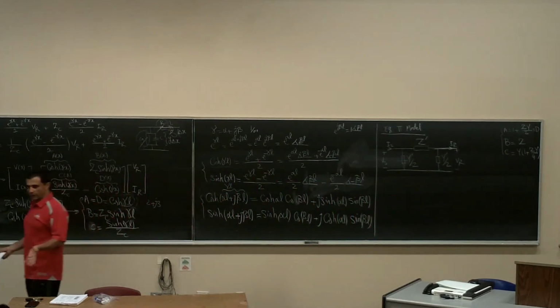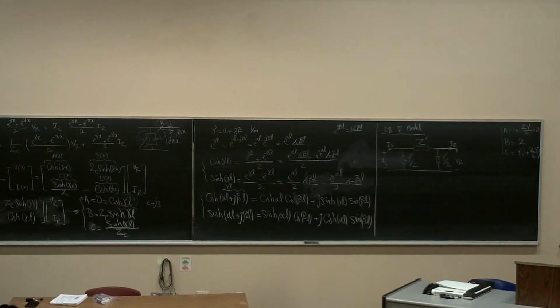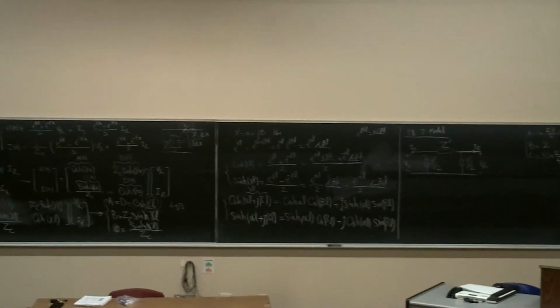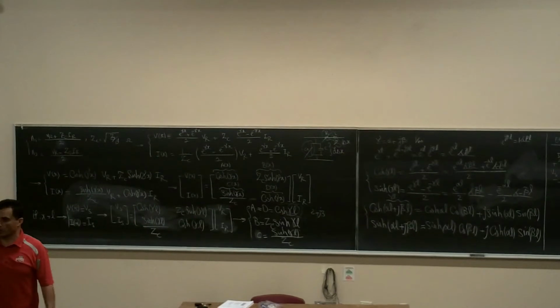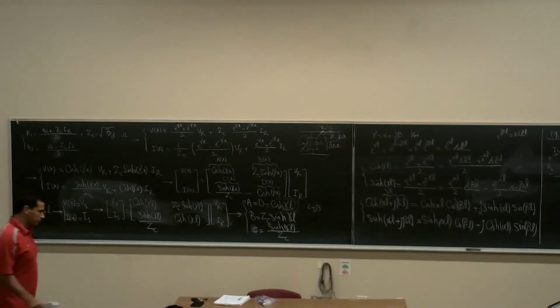Right now I don't know how to calculate them. I came up with the concept of the pi model I had for the medium line. For medium line, I had this model, z, y over 2, y over 2, right? I'm saying, hey, I want to get something similar for the long line model. So I'm going to call them z prime, y prime, and I'll go calculate them to see how much they are, if I'm going to do it this way.